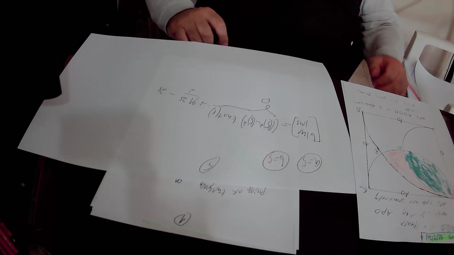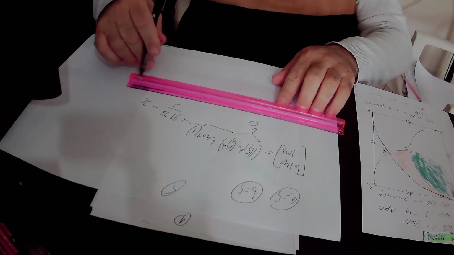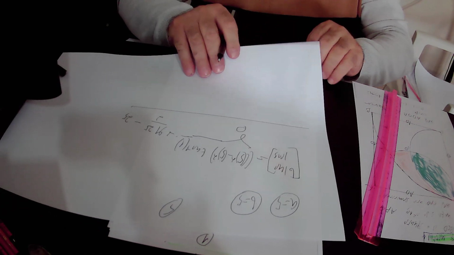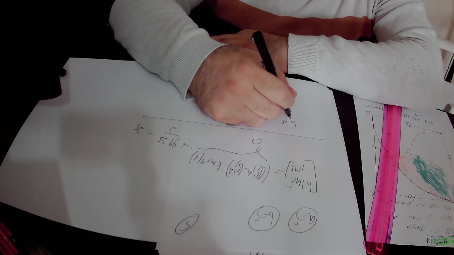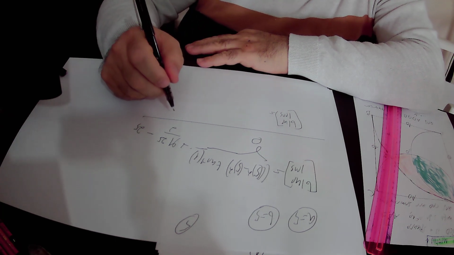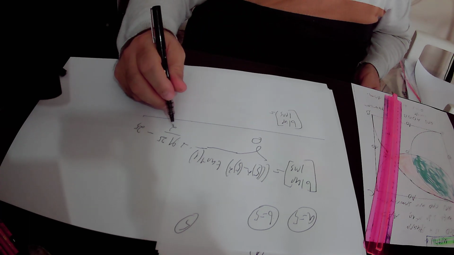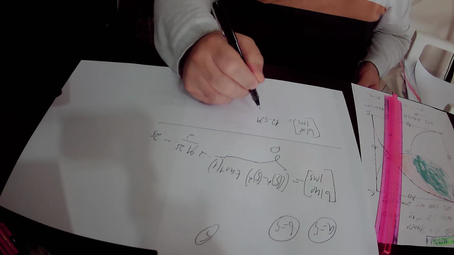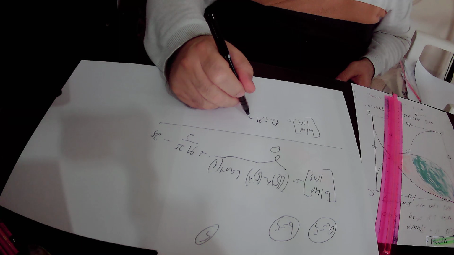So in conclusion, 25 over 2 is 12.5, so in total the area of the blue lens equals 12.5 pi minus 25.